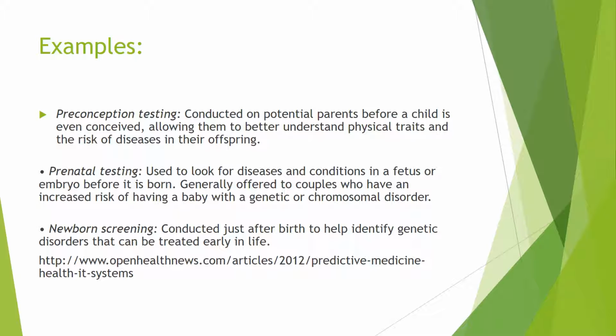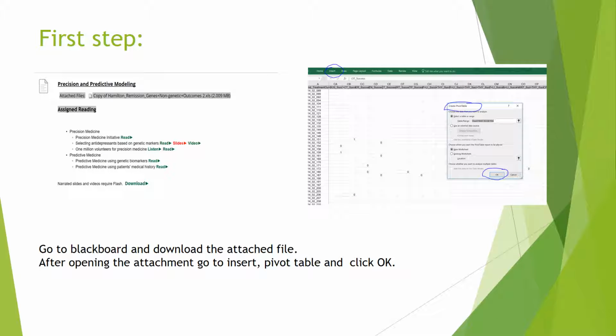Another example, prenatal testing, used to look for disease and conditions in a fetus or embryo before it is born, generally offered to couples who have an increased risk of having a baby with a genetic or chromosomal disorder. Another example is newborn screening, conducted just after birth to help identify genetic disorders that can be treated early in life. And there's the link right there if you want to see more information about it.